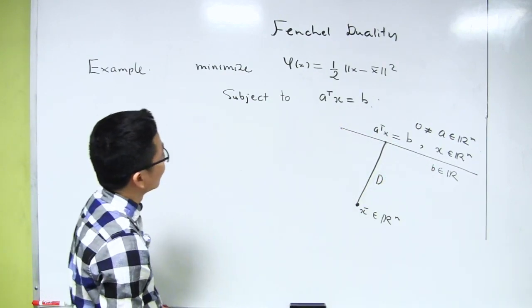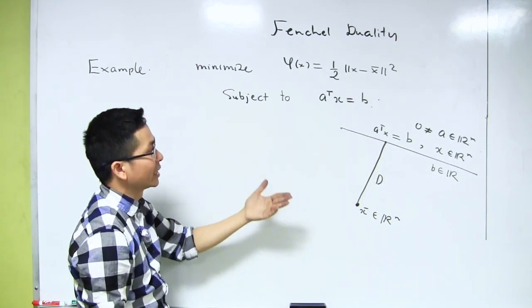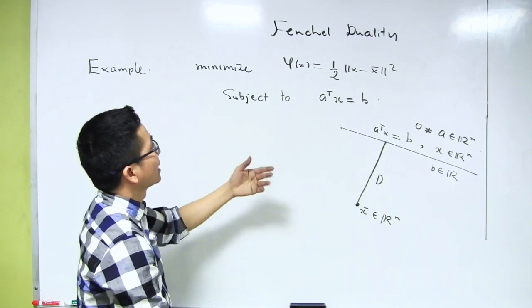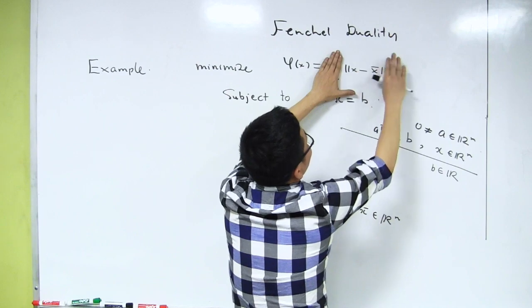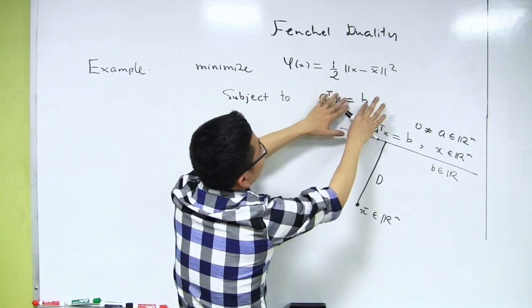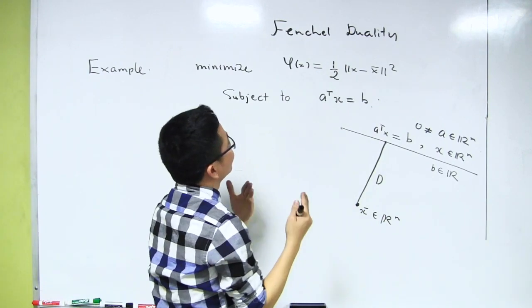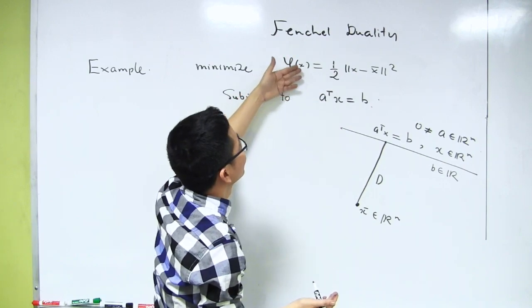Okay, so we can find this distance by solving the following constrained optimization problem. We would like to minimize the norm of x bar minus x, where a transpose times x is equal to b.